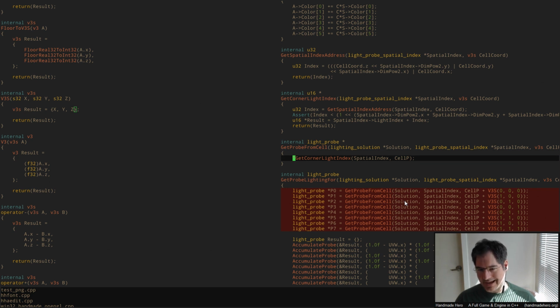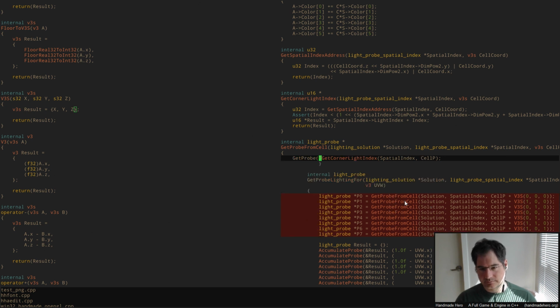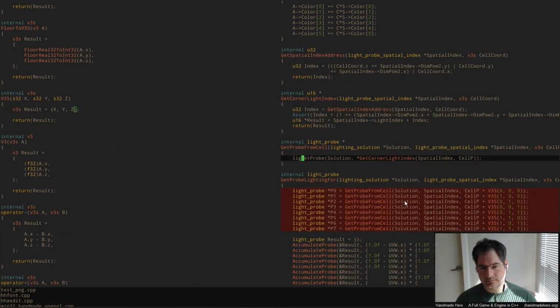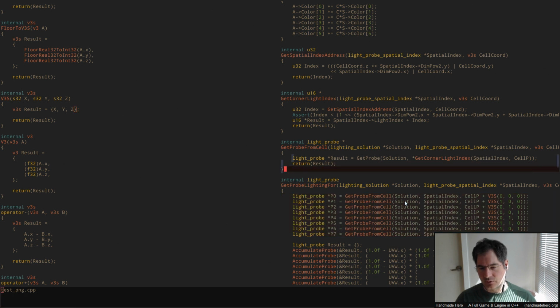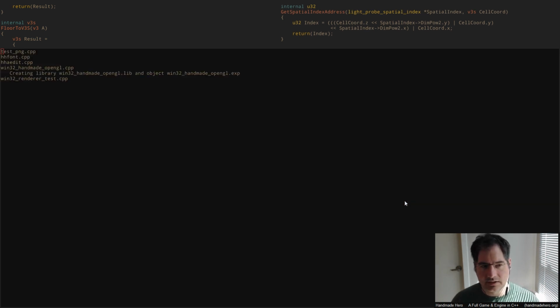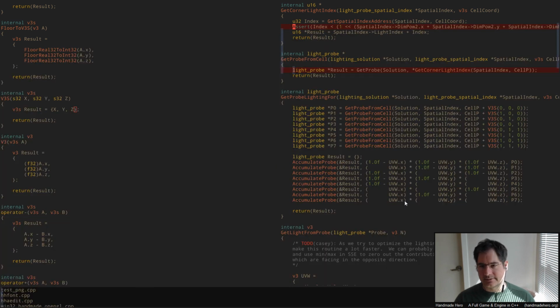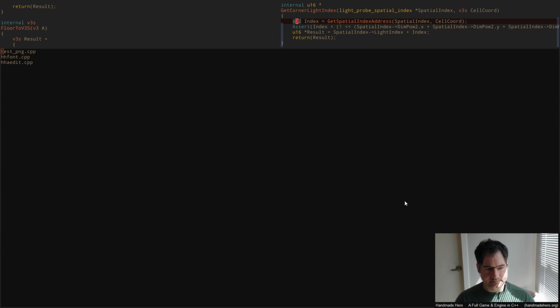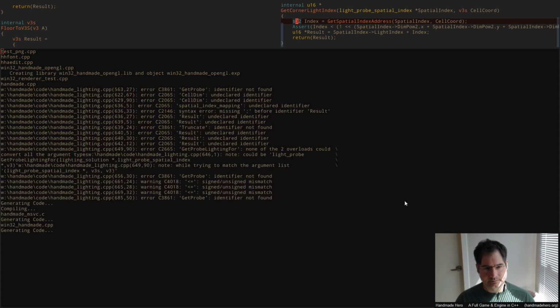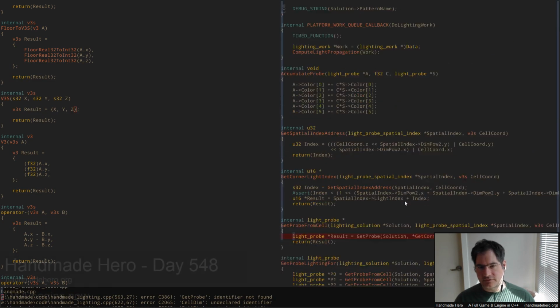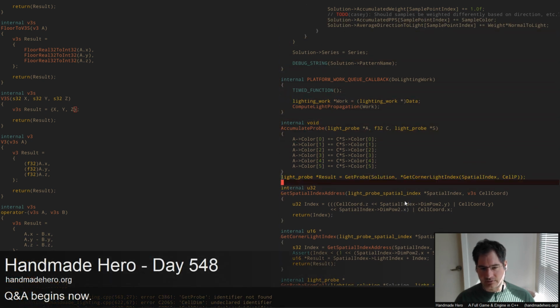And we want to get that probe, right? So this is really just a convenience function built out of things we already knew we needed, and in some cases already wrote. There's a signed, unsigned mismatch somewhere. Probably this. Yeah. And then finally, we need a way of actually getting one of these.